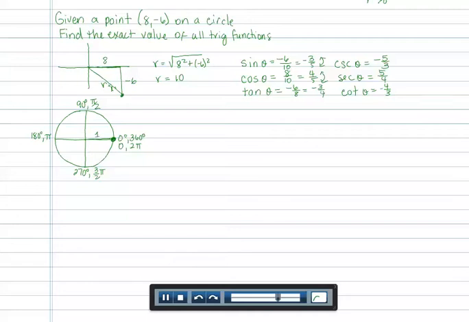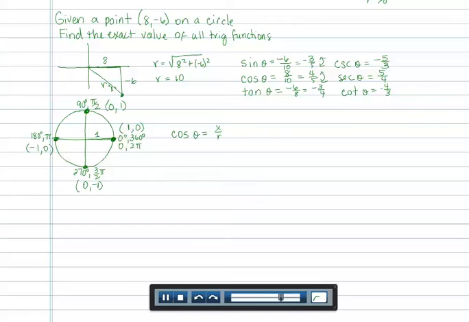So that means that this point right here is 1, 0. This point right here on the unit circle is 0, 1. This point over here is negative 1, 0. And this point over here happens to be 0, -1. This gives us a lot of information about the sine and the cosine, because essentially, cosine of theta is x over r.